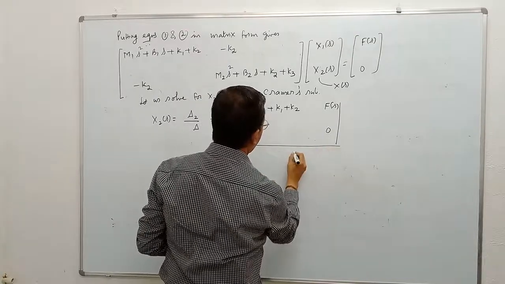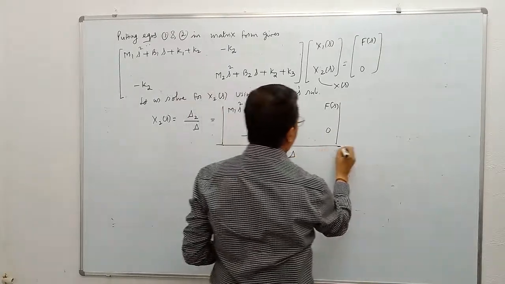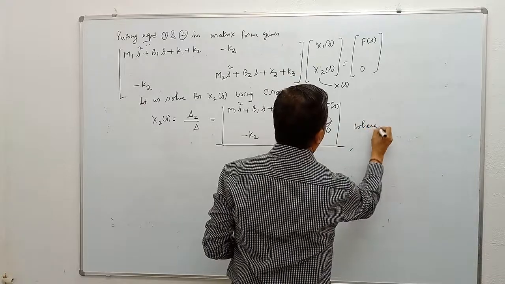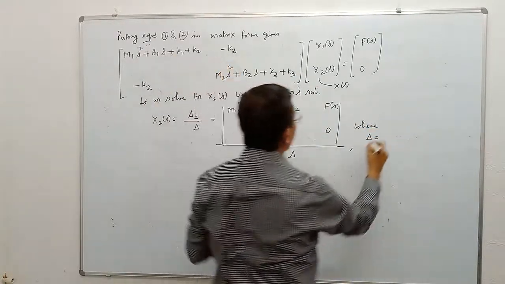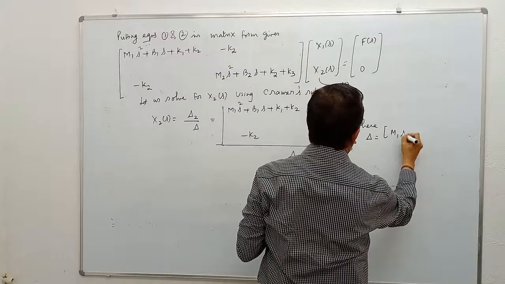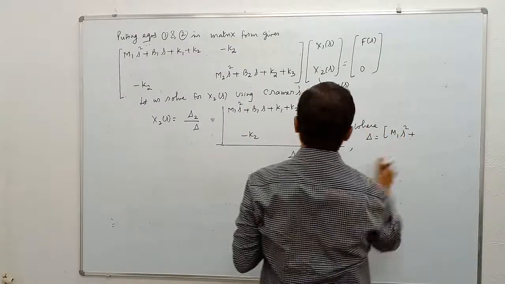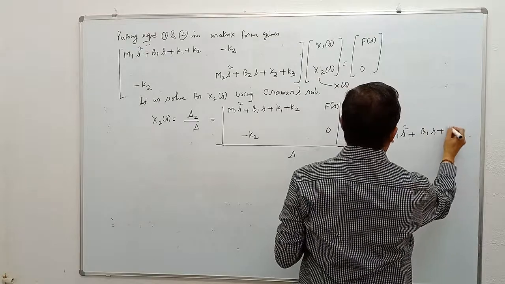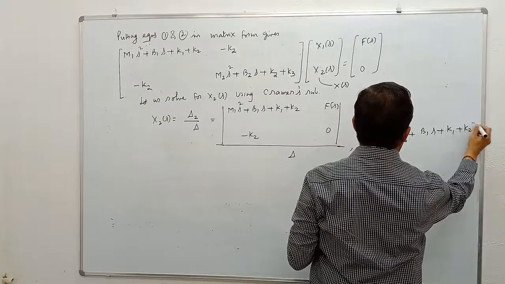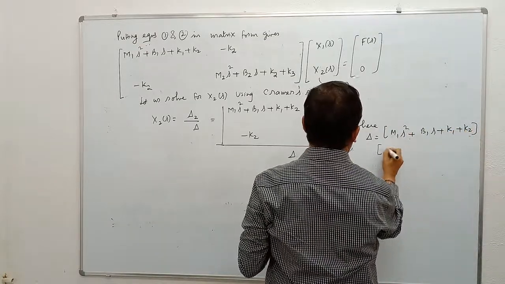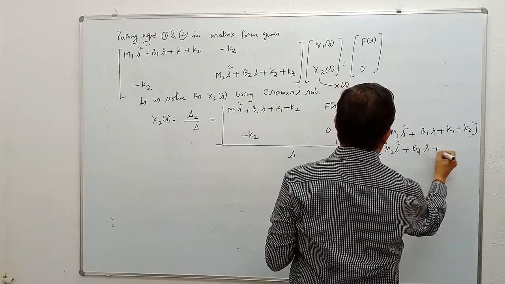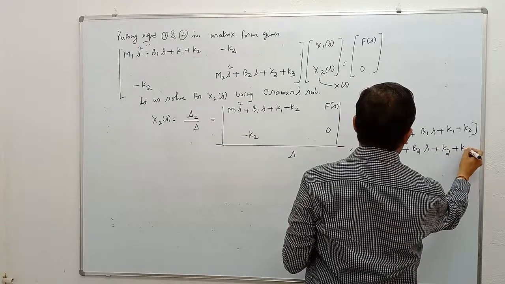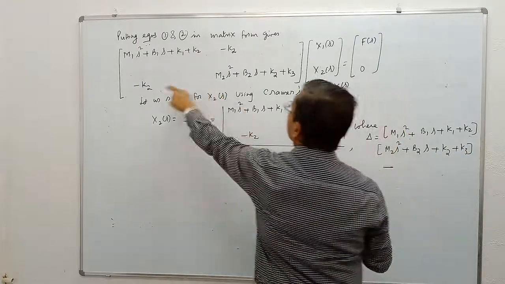divided by delta, where delta equals this into this minus this into this. That means m1 s square plus b1 s plus k1 plus k2 multiplied by m2 s square plus b2 s plus k2 plus k3, minus k2 square.